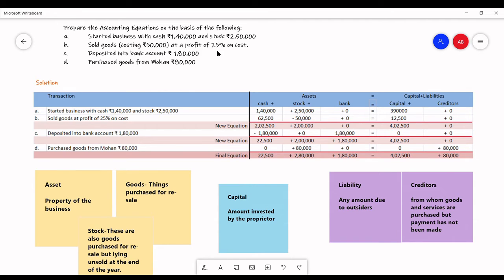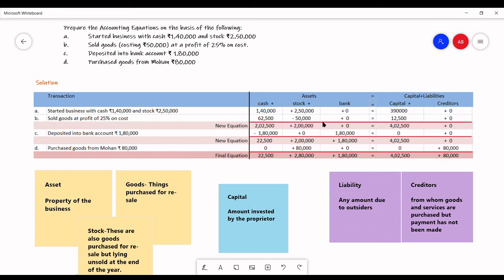I'm earning a profit of 25% on my cost. Always remember, any profit or loss and expenses are added to or subtracted from the capital. Since I have made a profit of 25% on my cost, this profit will be added to my capital. So 25% on 50,000, that's an amount of 12,500, I have written below my capital.